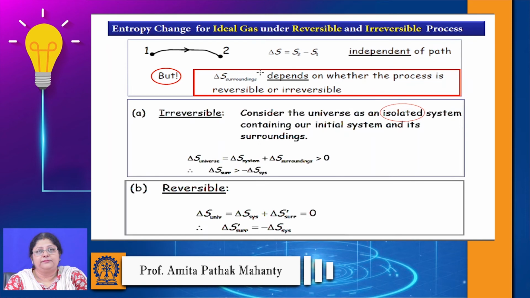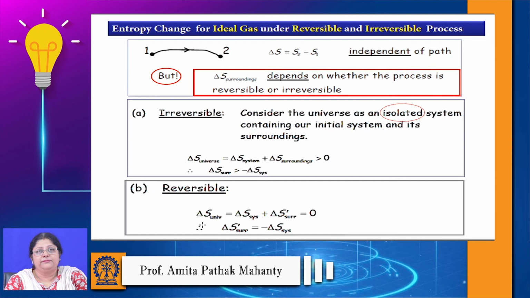Whenever you are having a reversible condition, you can say that the entropy change of the system is going to be equal to the entropy change of the surrounding with a negative sign. They are equal and opposite, so that the total entropy change of the universe becomes equal to 0 for a reversible process. That we had taken up in the previous class also.